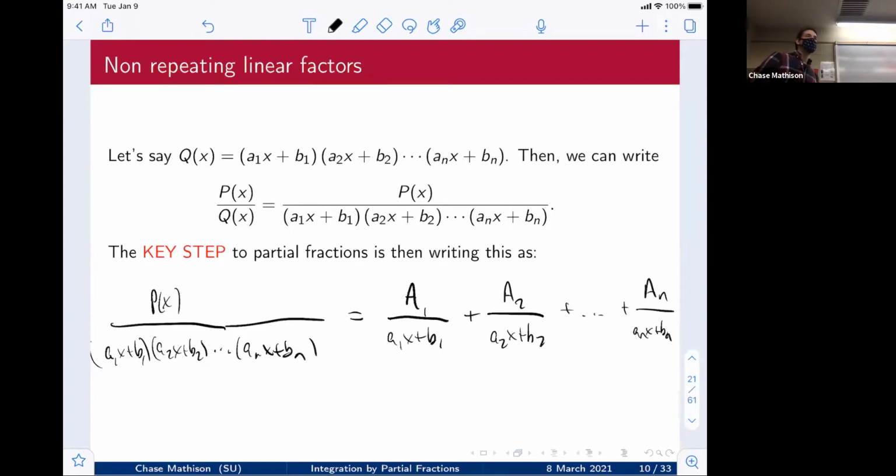And the reason I'm justified in guessing that P of X over Q of X looks like this is just how we know how to simplify fractions like this.